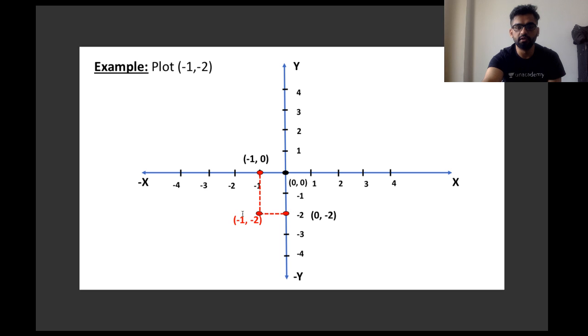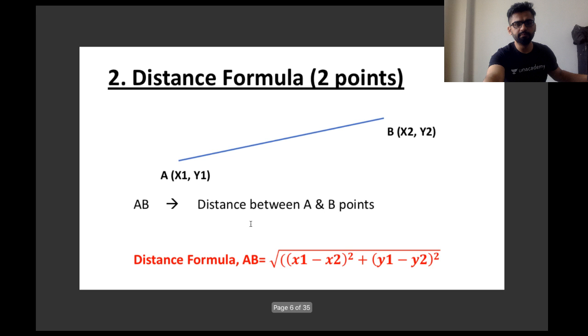Then draw a vertical and a horizontal line out of these 2 points. Wherever they intersect, this point is minus 1 comma minus 2. Pretty simple, something we have done in our secondary school.